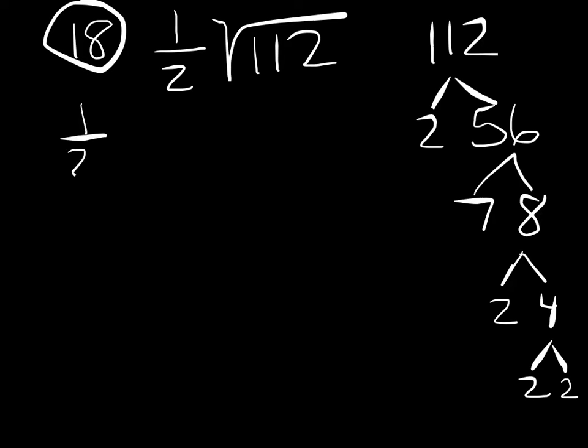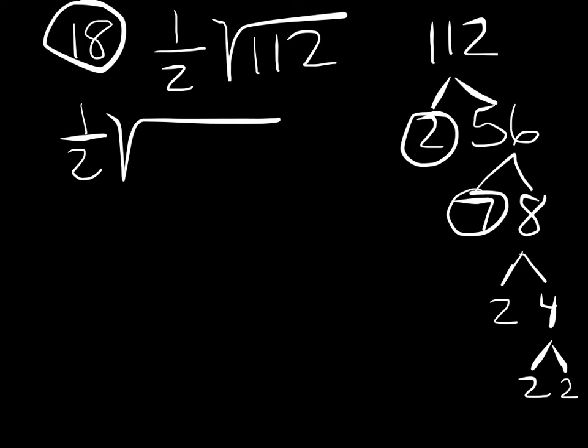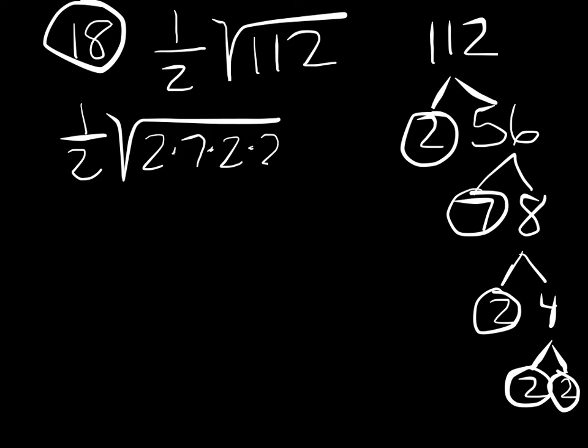So 1/2 times, and then we're going to use all of our prime factors under the radical. So I've got 2 times 7 times 2 times 2 times 2. So 2 times 2 times 2 times 2 is 16. So the square root of 16 is 4, or I can bring out 1 2 for those two 2's and another 2 for those 2, and 2 times 2 is 4.